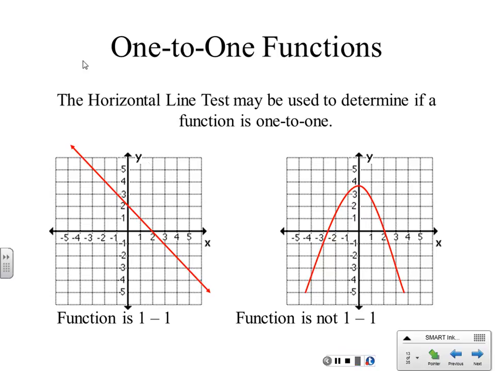If you can draw a horizontal line through a function at any point, and it only touches it once, then your answer is yes. It is a one-to-one function. However, if you can draw a horizontal line and it touches more than once, then your answer is no. It is not one-to-one. That should be an easy question on your test. Okay?